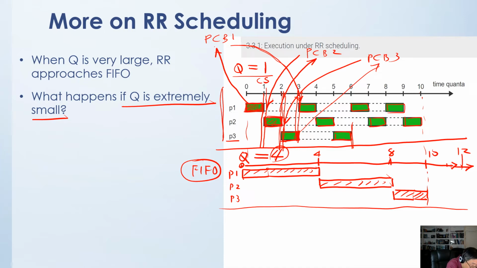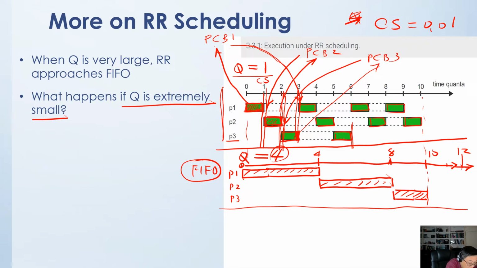For example, the time quantum takes 1 time unit, and the context switch only takes 0.01 time unit. So that's only 1% of the time quantum. So most of the time we can ignore that overhead.